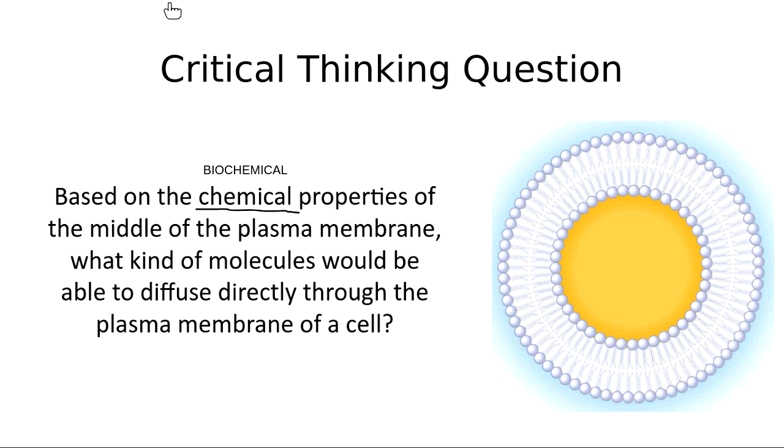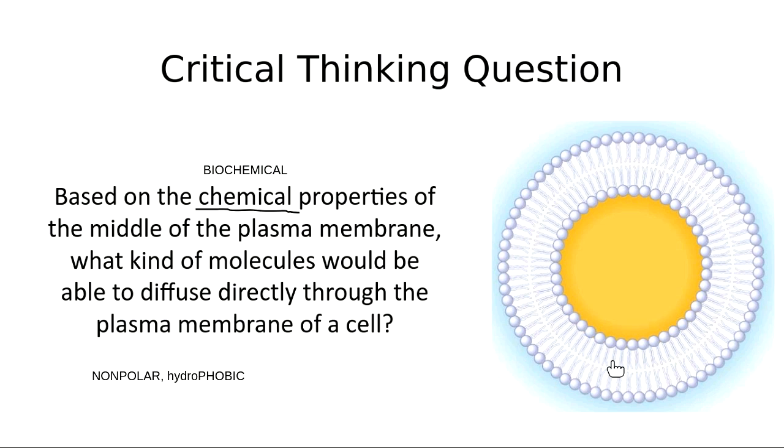Yep, so the first word I use to describe things that can go straight across the membrane is they are nonpolar. They share their electrons equally, no charges. And then the second word that I'm seeing pop up in the chat too is they are hydrophobic. They're afraid of water. Because remember, these middle parts here, my tails, they're afraid of water too.